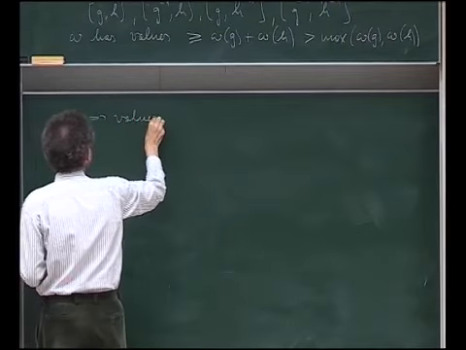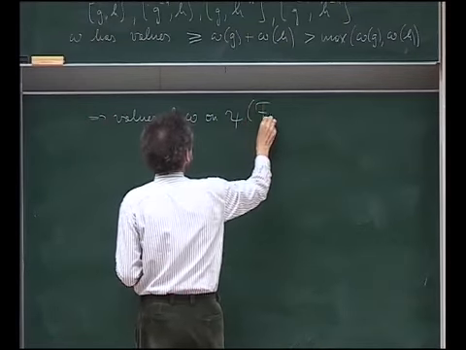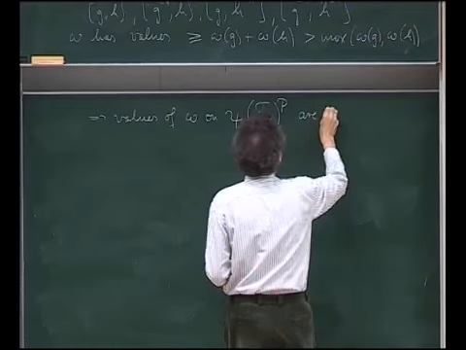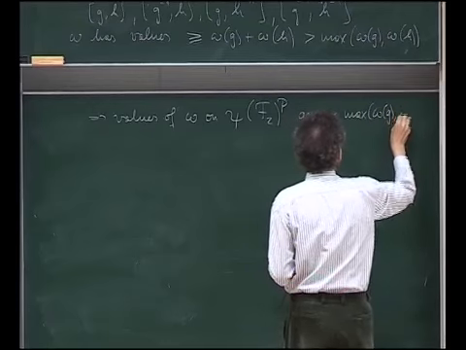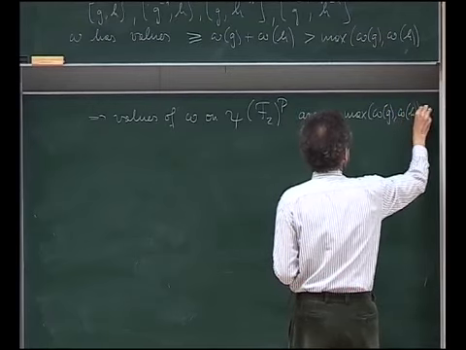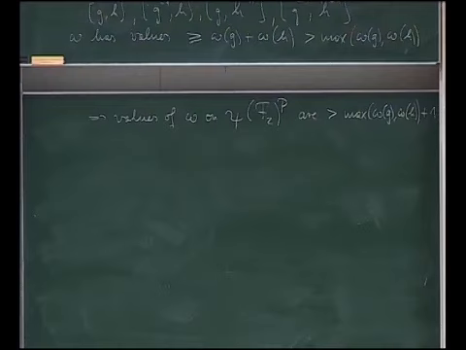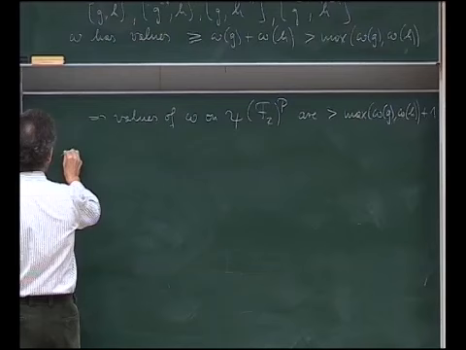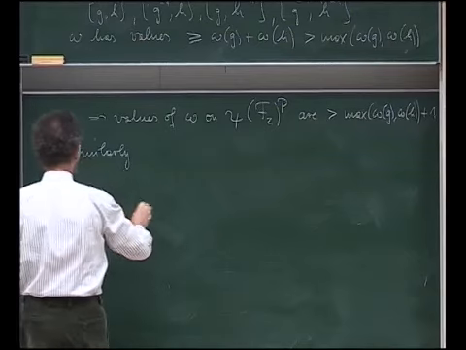So omega on the whole psi of F2 has values strictly bigger than this, and then on the p-th powers, values of omega on psi of F2 to the p are strictly bigger than maximum of omega g, omega h plus 1. So on this factor, it is okay, what I want.